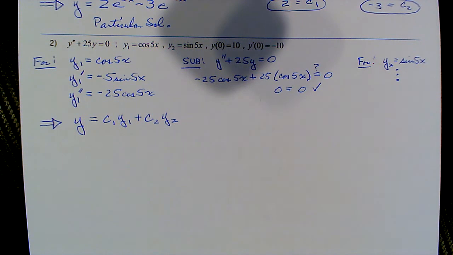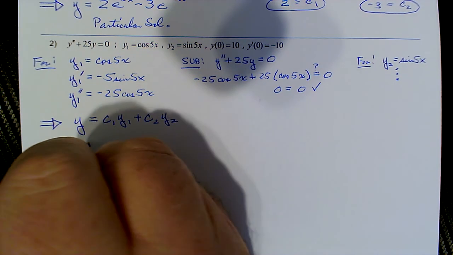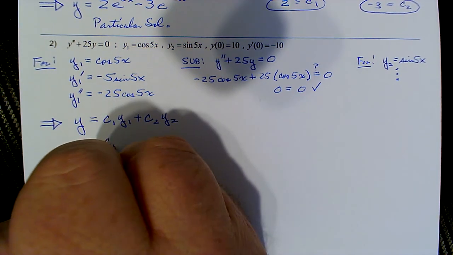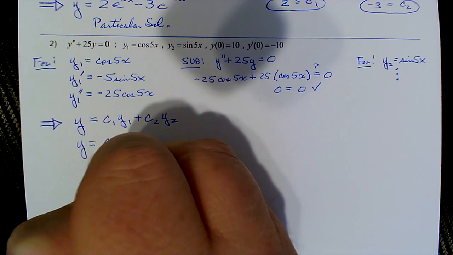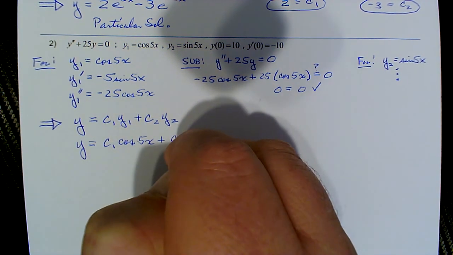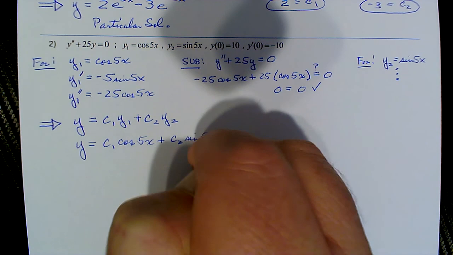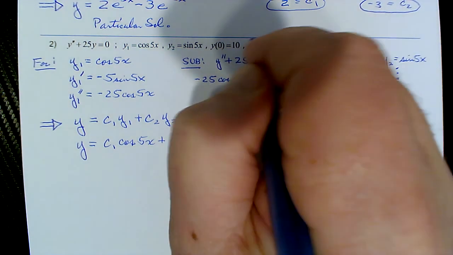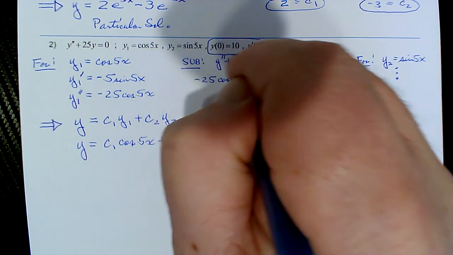And we're going to replace y1 and y2, obviously. So we have that y is C1 cosine 5x plus C2 sine of 5x. And to use these initial conditions again, we're just going to need one derivative.